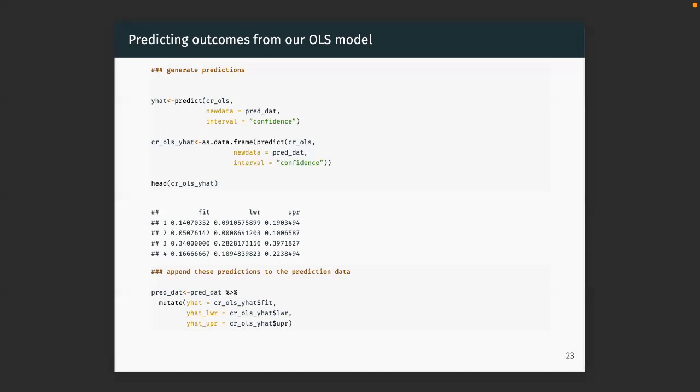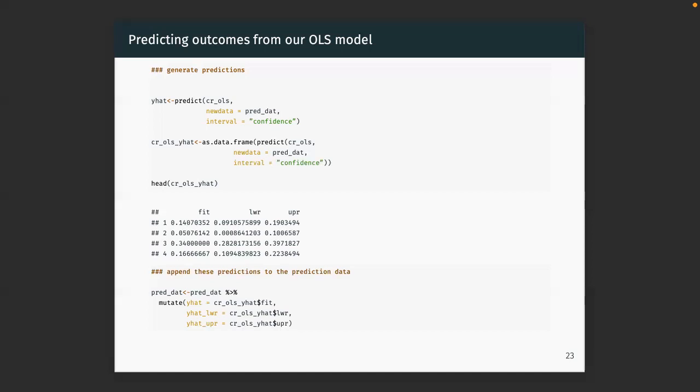Okay, so I'm going to put this all in a data frame just to make it convenient. But this is what that predict will give me. It'll give me a fit value. That is the expected average callback rate for each row of my preddat, a lower bound for that confidence interval, 95% by default, and an upper bound for that confidence interval, 95% again.